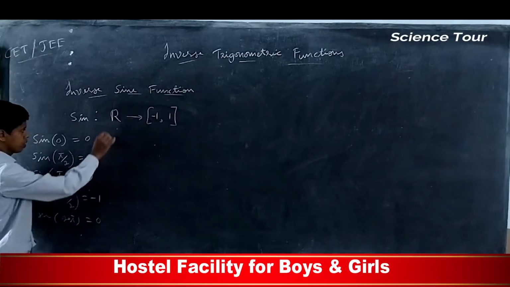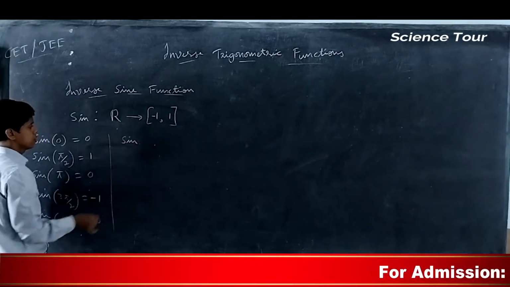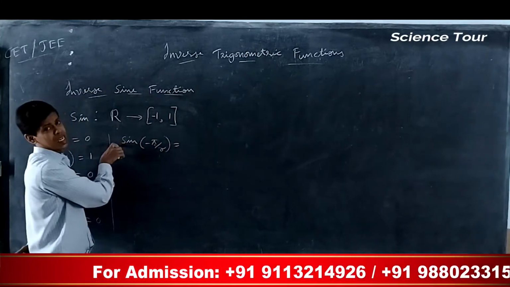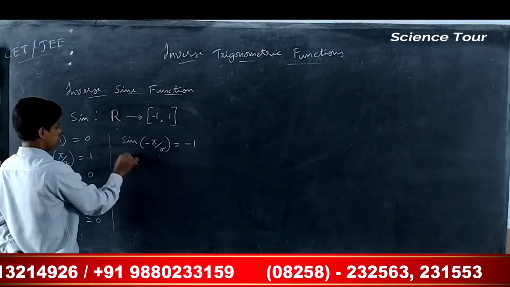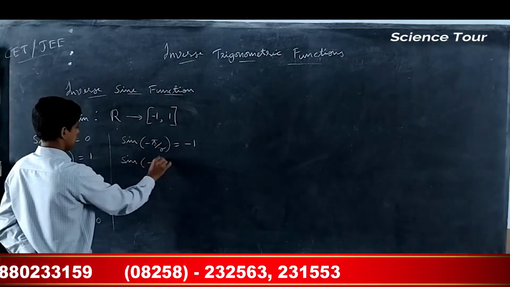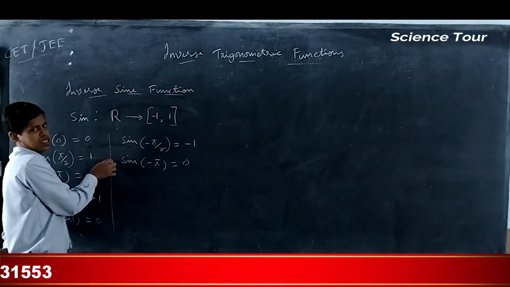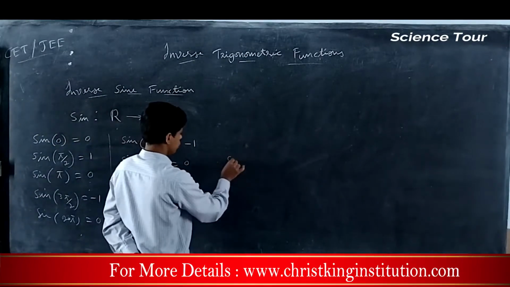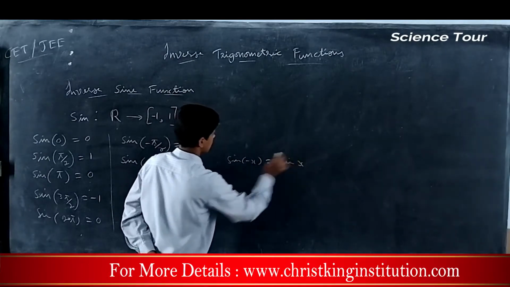And come to the negative part. What about sine minus pi by 2? That is minus sine pi by 2, which is -1. Then what about sine minus pi? Sine pi is 0, minus sine pi is also 0. I hope you know this formula: sine of minus x is minus sine x.